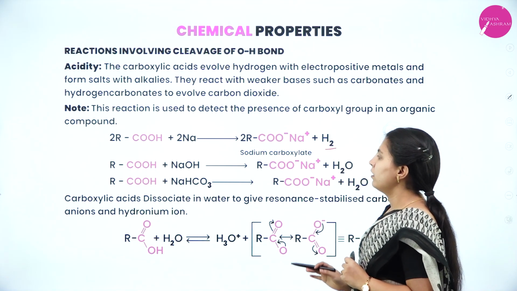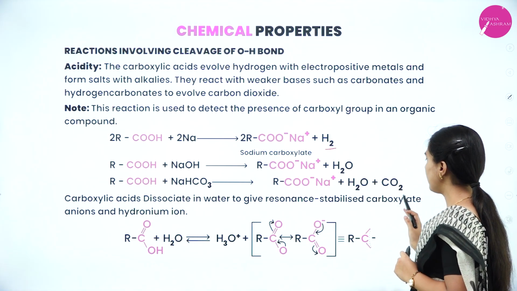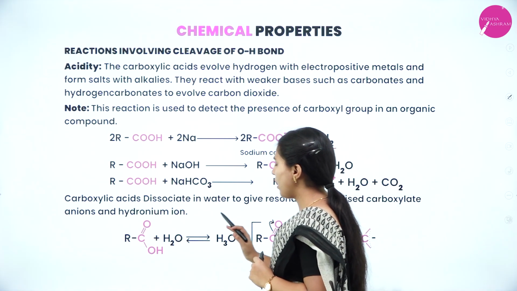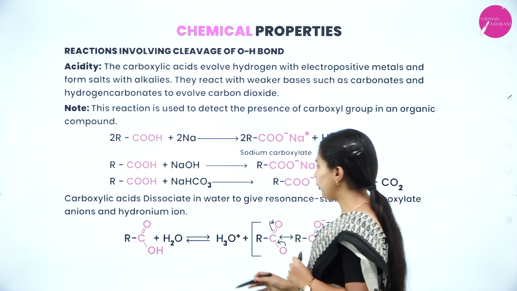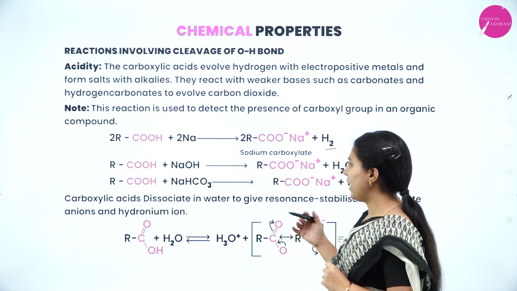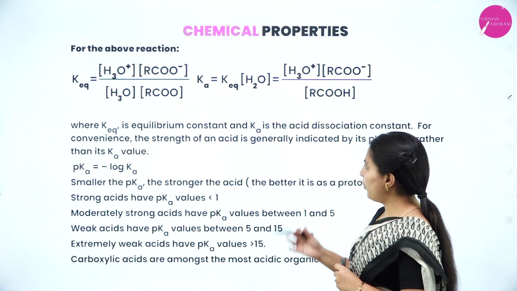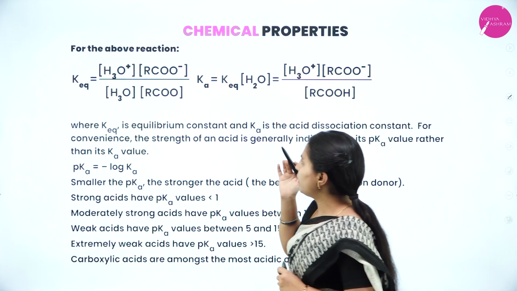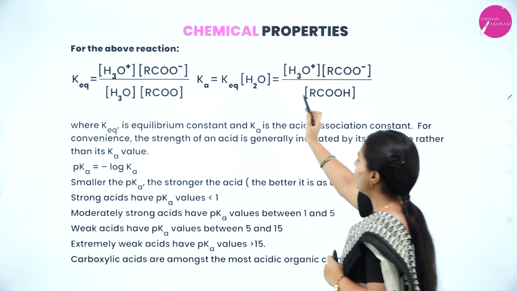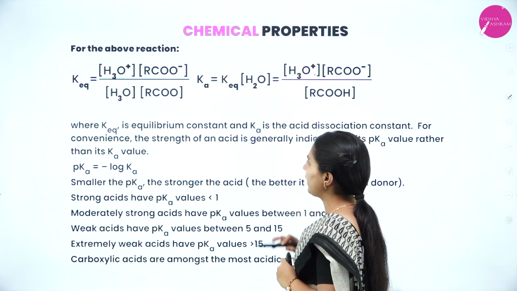Carboxylic acids dissociate in water to give resonance stabilized carboxylate anions and hydronium ions. For the above reaction, the equilibrium constant will be the concentration of products by the concentration of reactants.